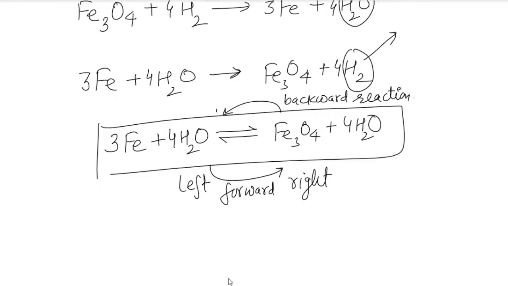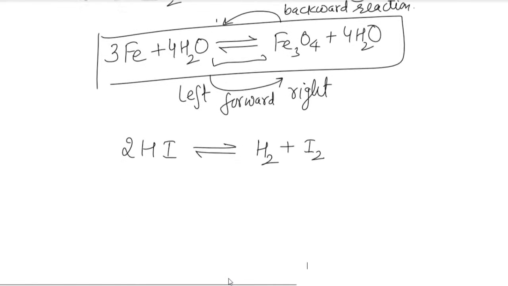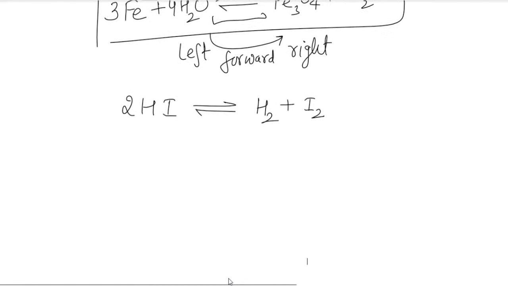So this sign indicates the reversibility of the reaction. Like if we have 2HI, 2HI is in equilibrium with H2 and I2. So 2HI can be converted into H2 and I2, and H2 and I2 can react to give HI.